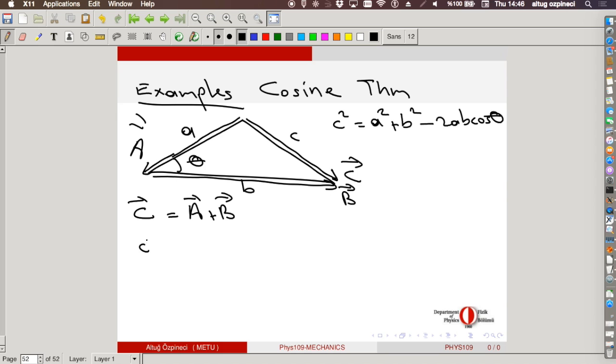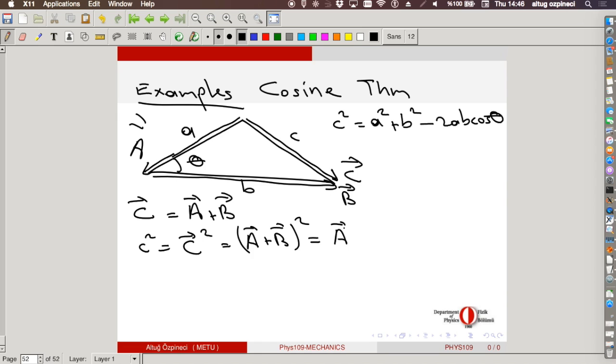Now C squared is nothing but the magnitude of this vector squared. If you take the square of a vector, that gives you the magnitude of that vector squared. But the vector C I can also write in terms of A and B. This is equal to A plus B all squared. I can just open up that parenthesis.